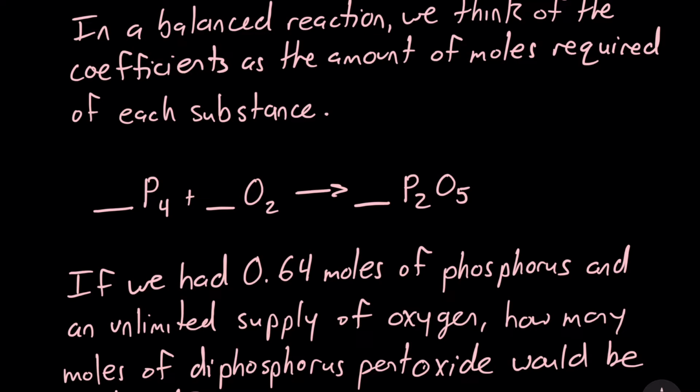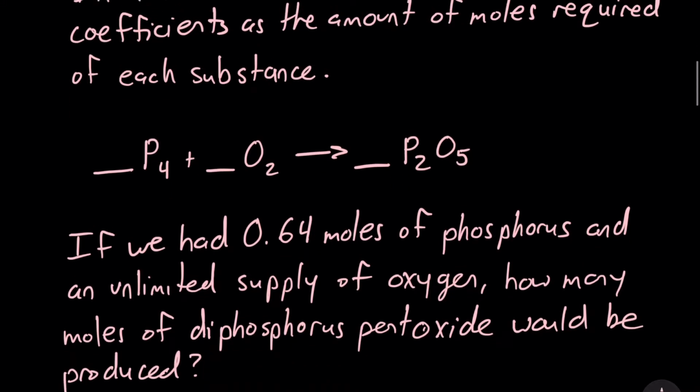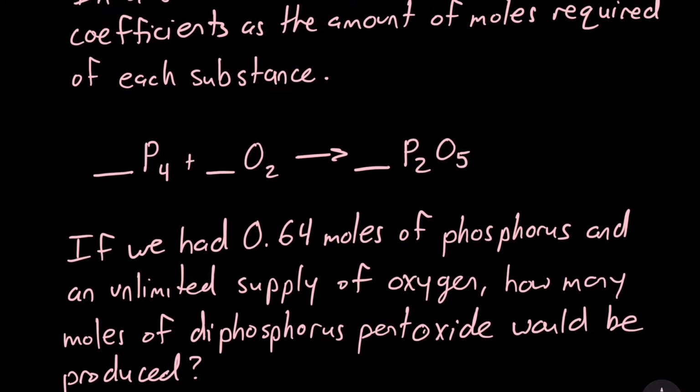We have the reaction phosphorus is reacting with oxygen gas to produce diphosphorus pentoxide. So the first thing we're going to do is we are just going to balance this reaction here really quick. So we're going to need 2 moles of diphosphorus pentoxide.